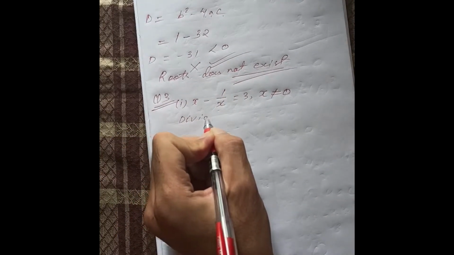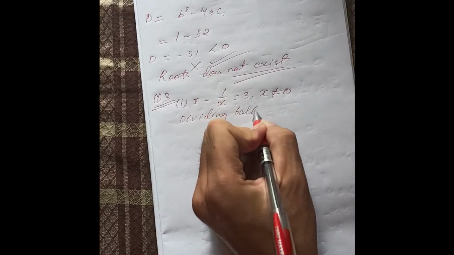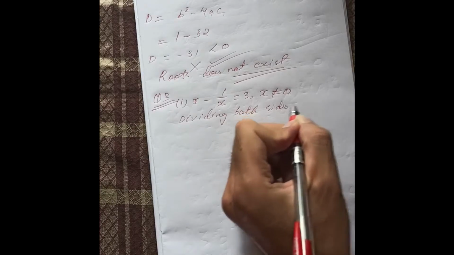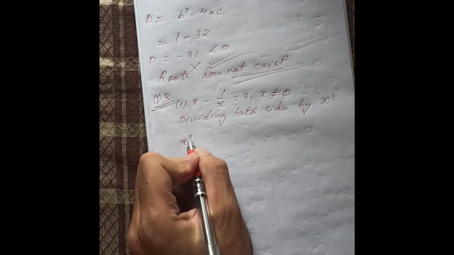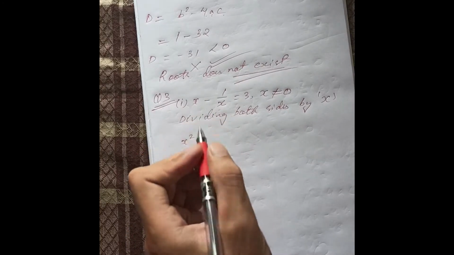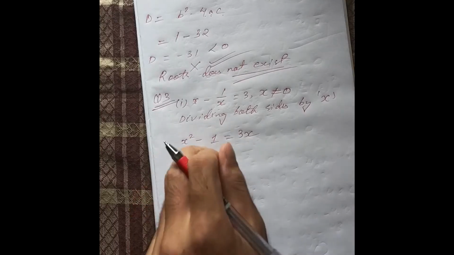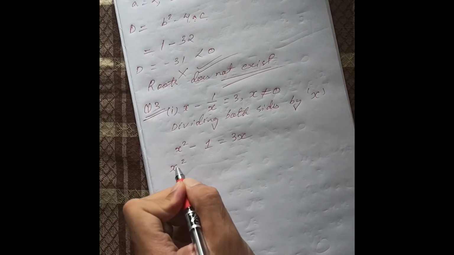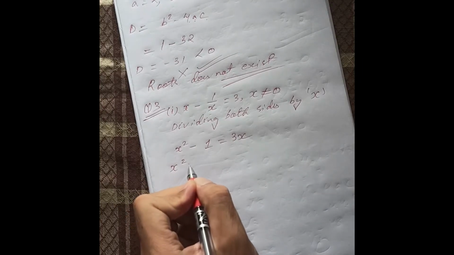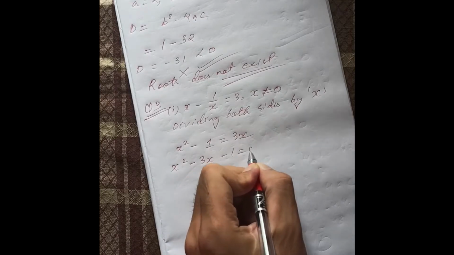Dividing both sides by x, x into x will give us x squared, x by x will give us 1, and 3 into x is 3x. This is what we get. If we rearrange, let's bring this to the left hand side: plus will become minus, so x squared minus 3x minus 1 equals 0.